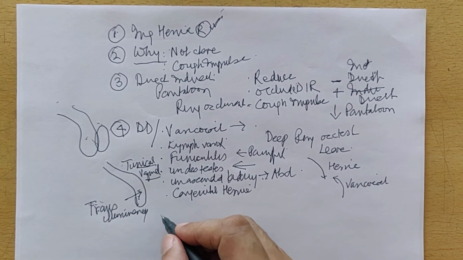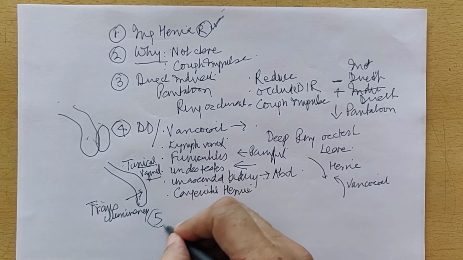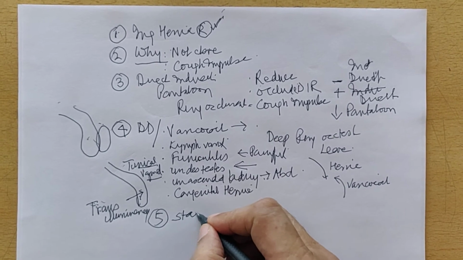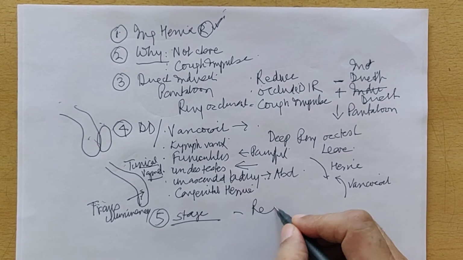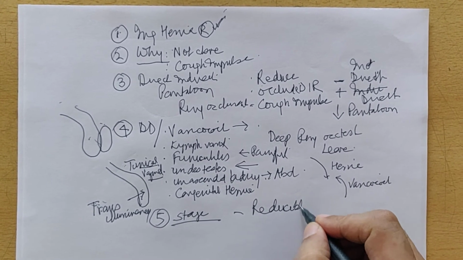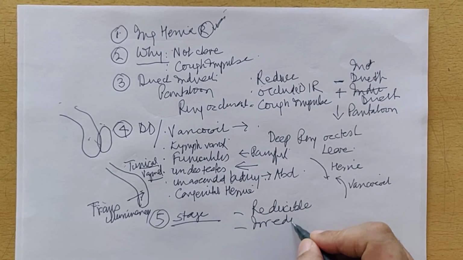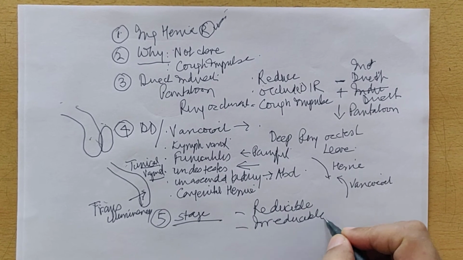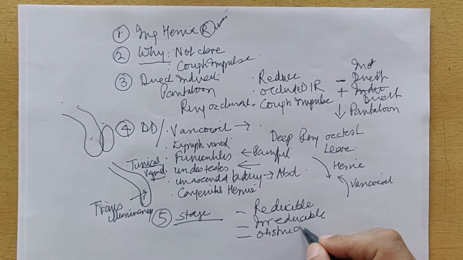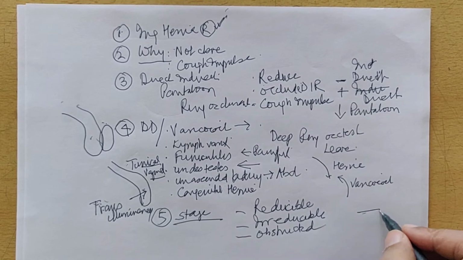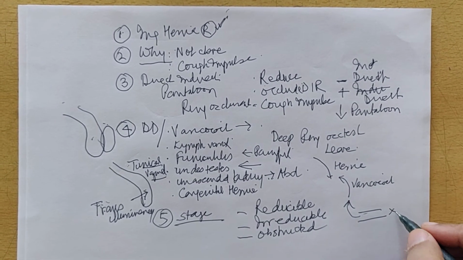So then they say, what is the stage of the hernia? So the stage is, it is reducible, it is irreducible, then it becomes obstructed. When it is obstructed, it means that there is a backward pressure and a forward failure.